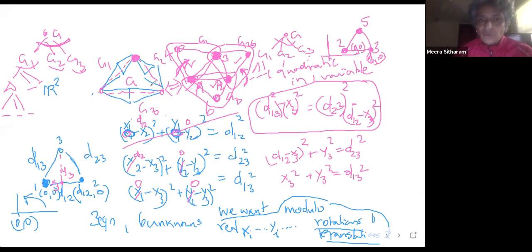If you think about it in the slightly more general way, I put the triangles here because that was the example I was going to do, but we can stay here and use the same picture.